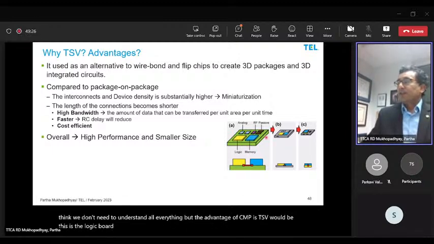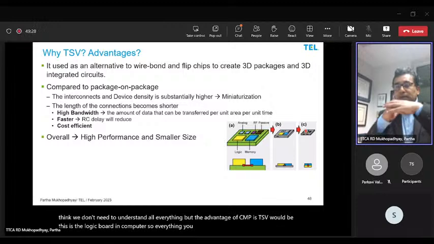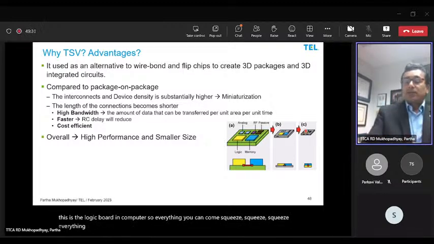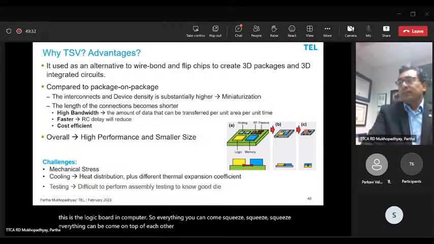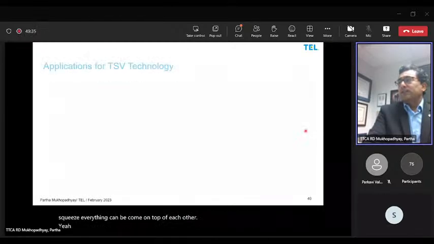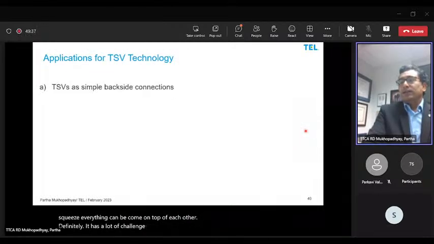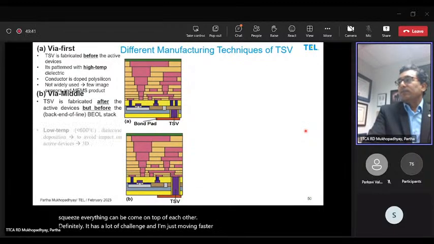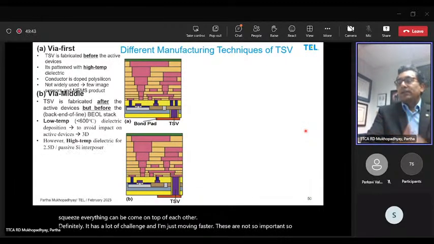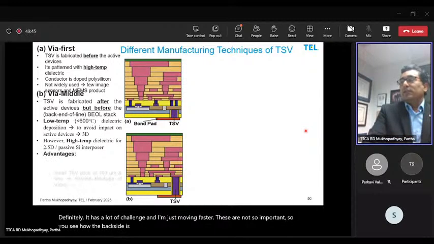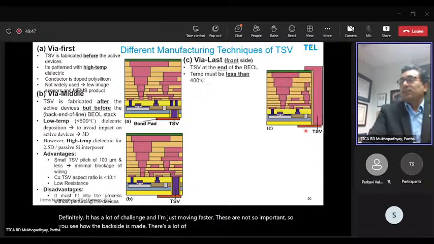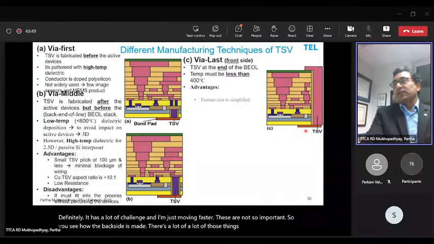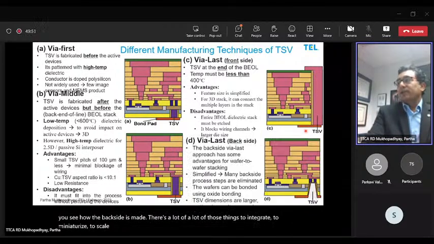So everything can be squeezed, everything can come on top of each other. Yeah, definitely it has a lot of challenges. And I'm just moving faster. These are not so important. So you see how the backside is made. There are a lot of those things to integrate, to miniaturize, to scale down everything nicely.